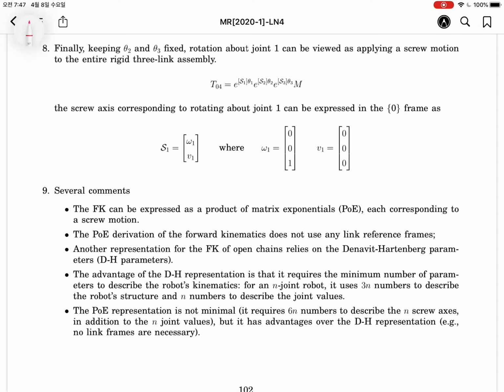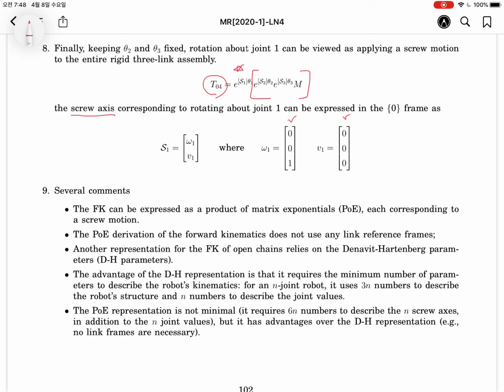Okay, and then we will apply the remaining first matrix exponential or homogeneous transformation by using the screw axis like this. Then we can get the generalized homogeneous transformation from the base coordinate to the end effector frame.